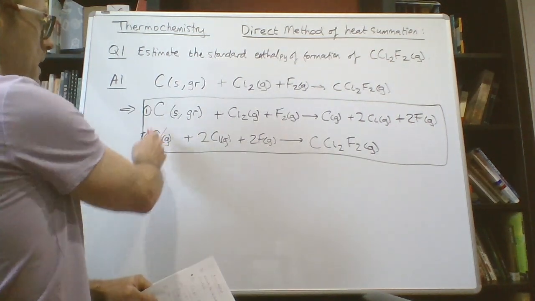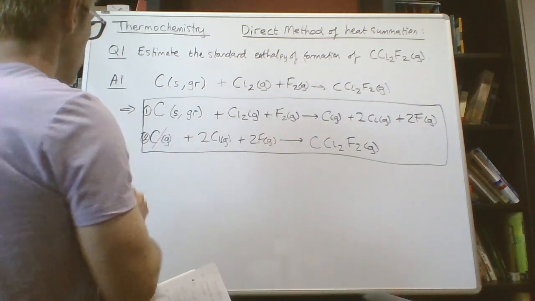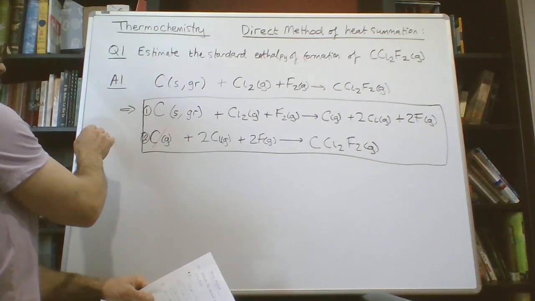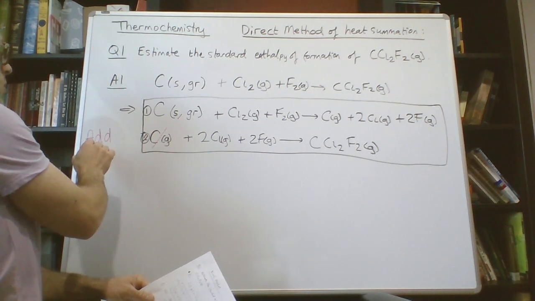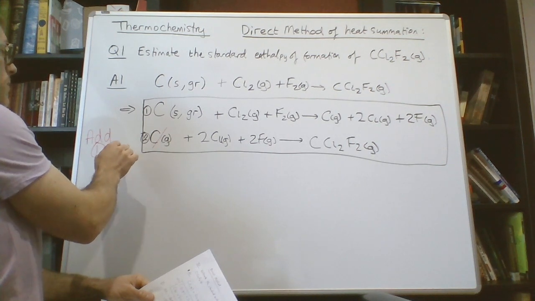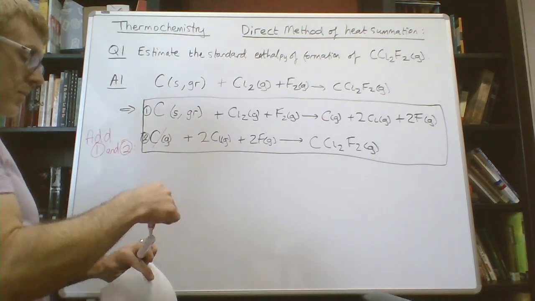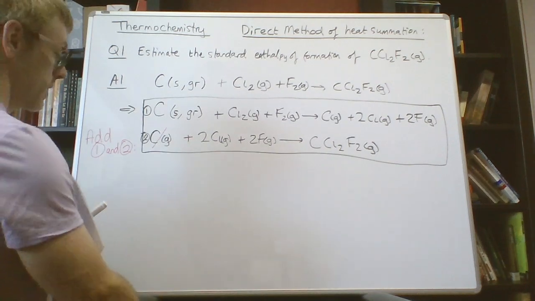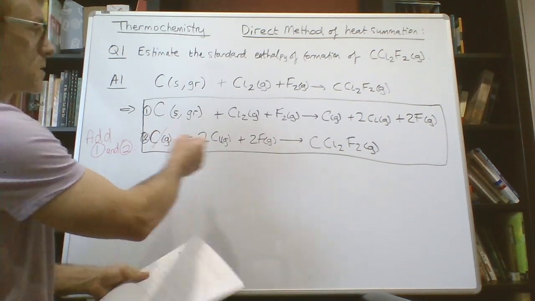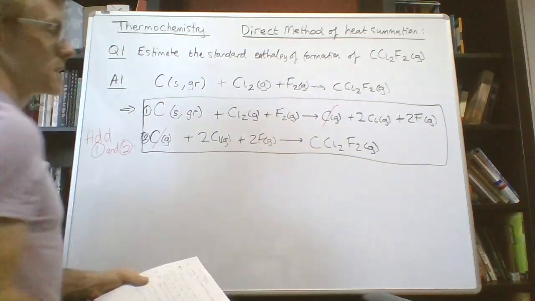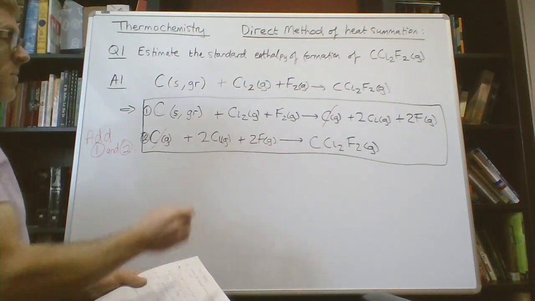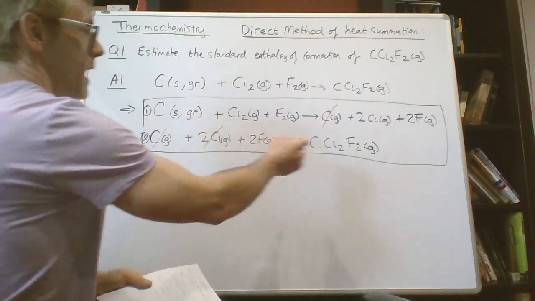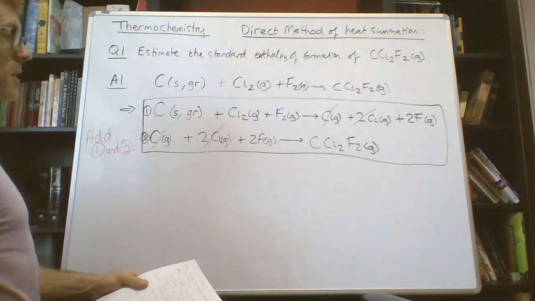So if I combine equation 1 and 2 together, so we can say add 1 and 2. Okay, we add equations 1 and 2, then we can see the carbon in the gaseous phase here cancels carbon in the gaseous phase here. We can see that 2Cl gas cancels 2Cl gas over here.